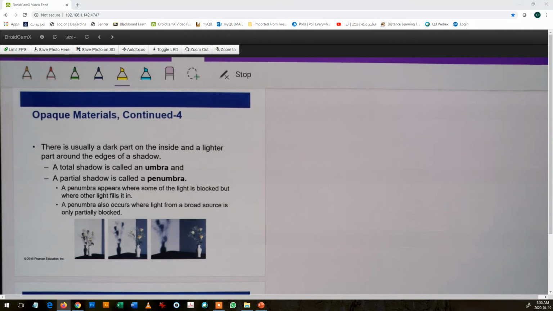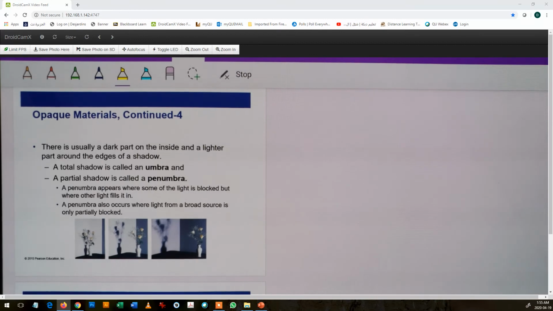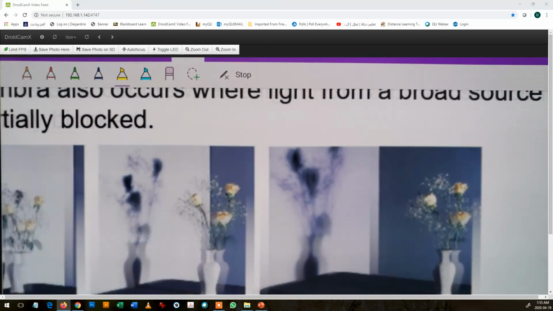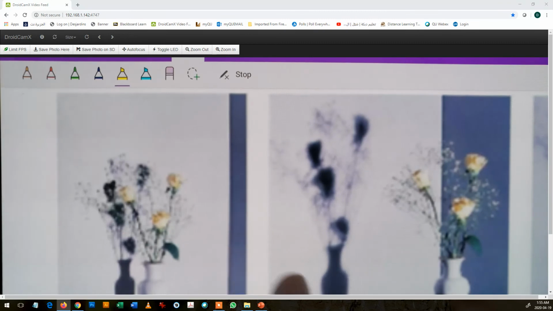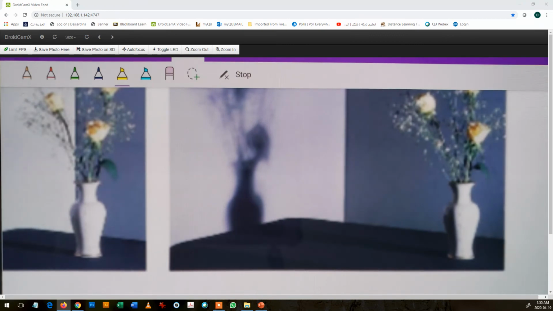A total shadow is called umbra. A partial shadow is called penumbra. A penumbra appears where some of the light is blocked but where other light falls in, which is the partial shadow. Look here, this is the umbra, while in this area where the shadow is not very clear, we call it penumbra.